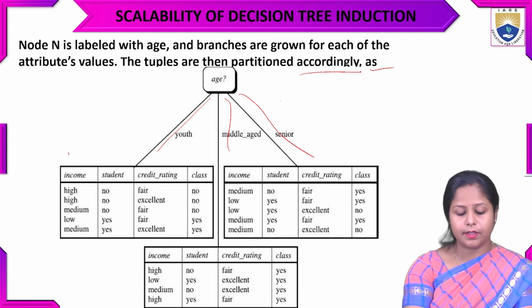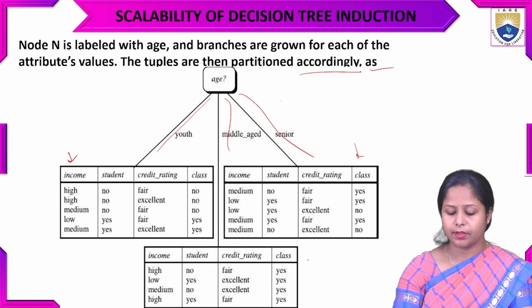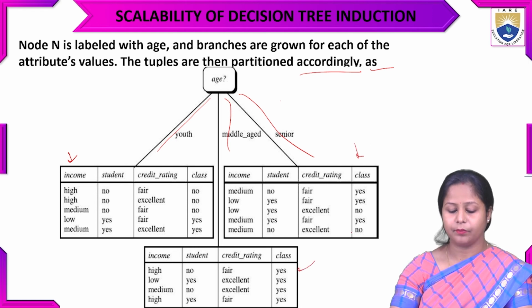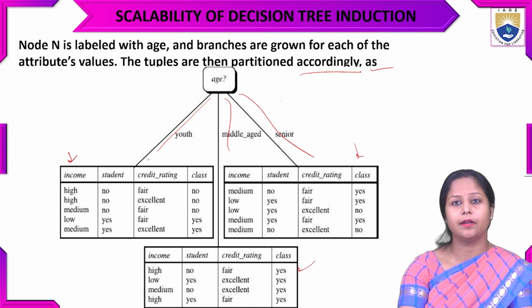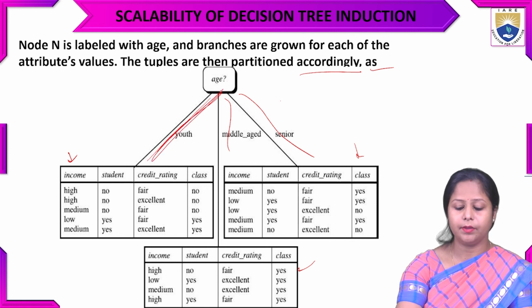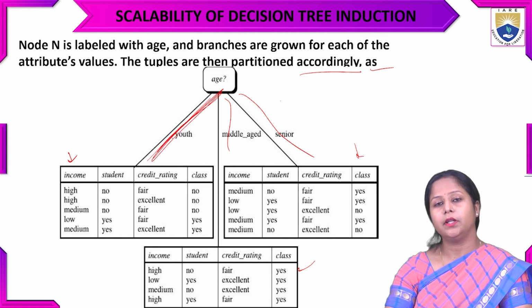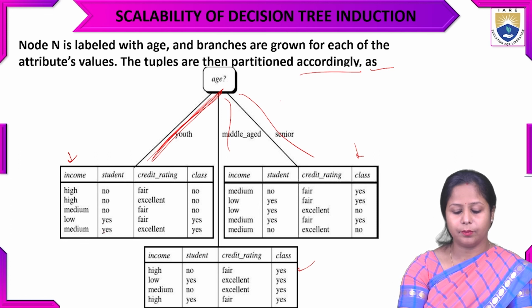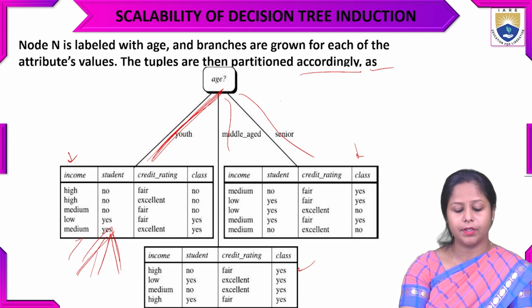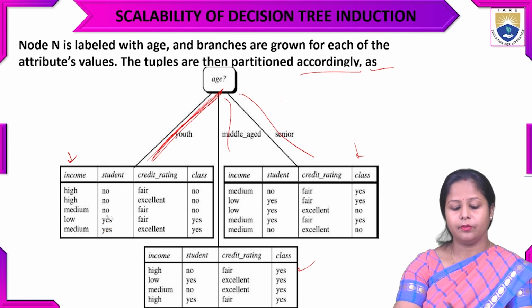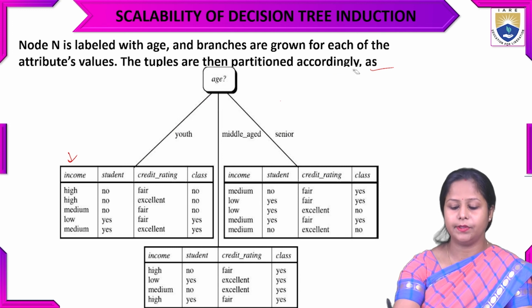This is the table for the same. From this, we have extracted the same nodes. So after that, if we are having some more classes, we have to classify from this table. We have to work on these three tables.